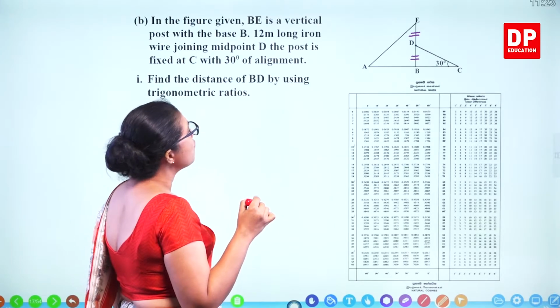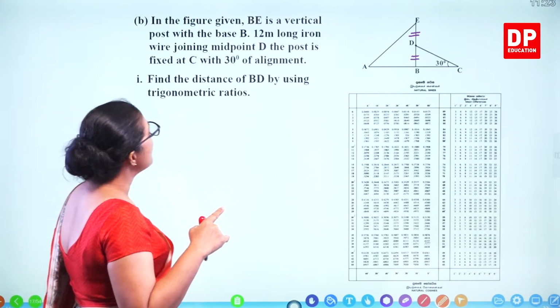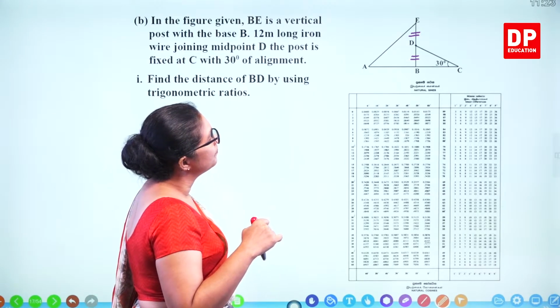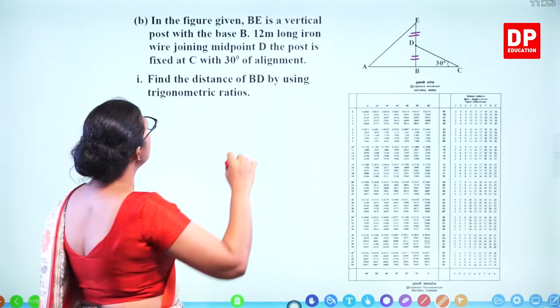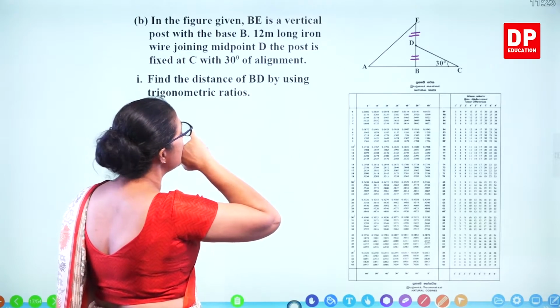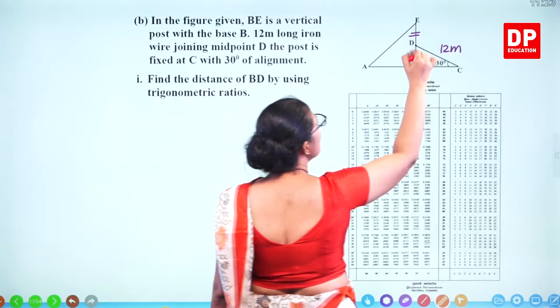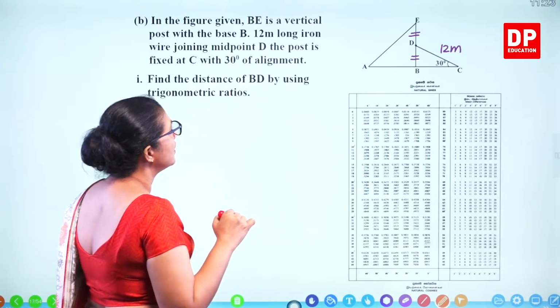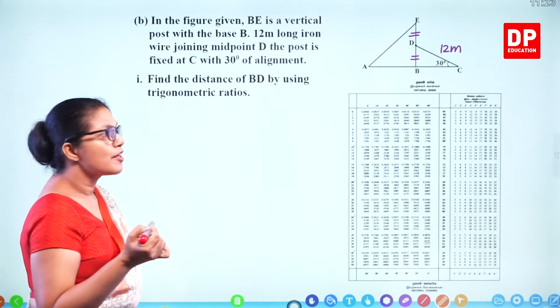Find the distance of BD by using trigonometric ratios. So what are the other lengths given here? 12 meters long iron wire joining midpoint D. That means 12 meters is given here. So you can find out BD using the trigonometric ratio.